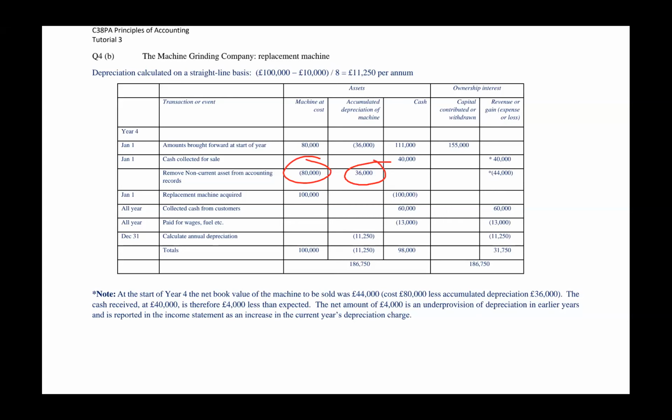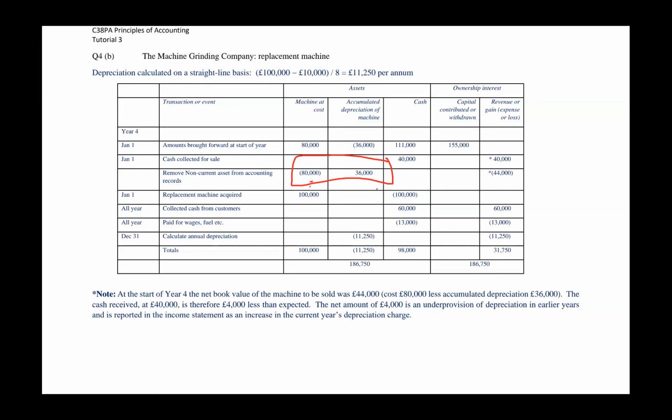Then when you add the depreciation of the asset that you have sold, as a positive value, plus the negative value of the cost of the asset that you have removed, you have a negative value of 44, right?